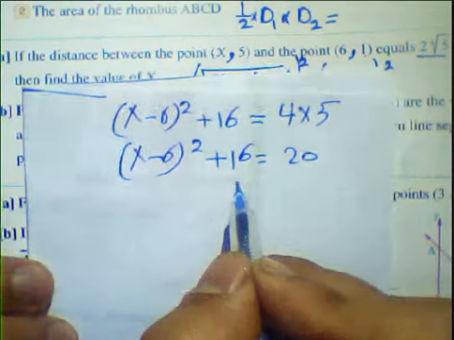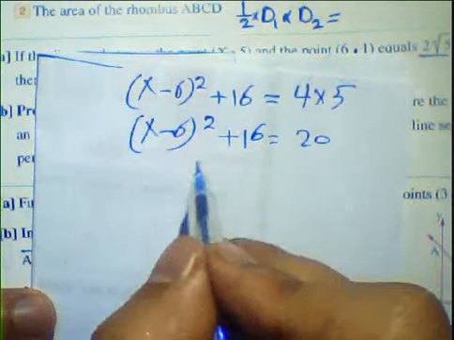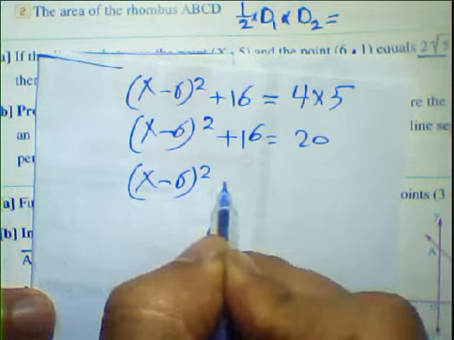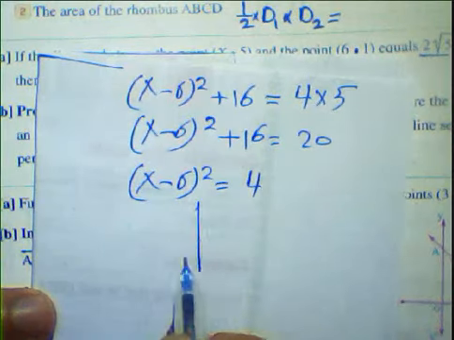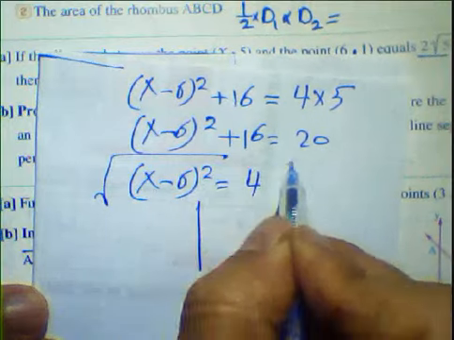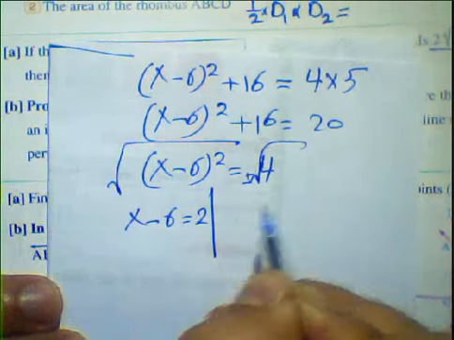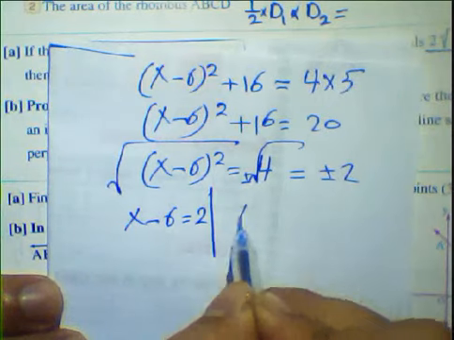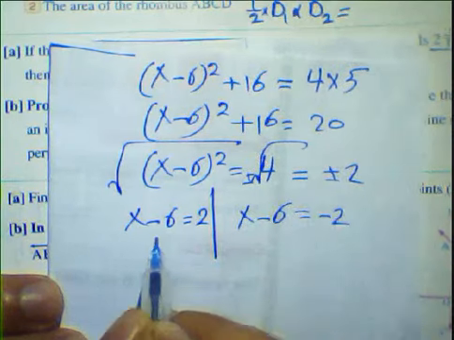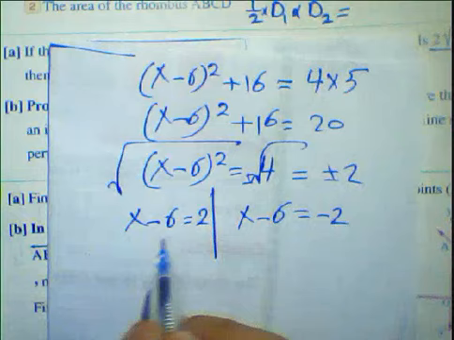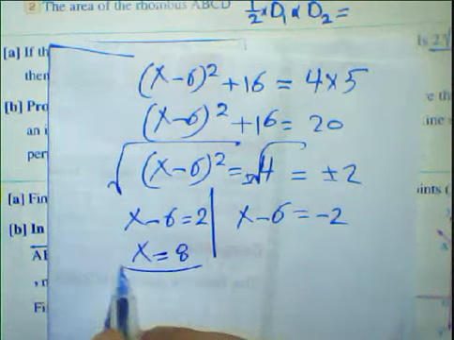We can move 16 from the left-hand side to the right-hand side and change the sign. (x minus 6) power 2 equals 4. Then we can take the square root, positive or negative. So x minus 6 equals 2, or x minus 6 equals negative 2. We move negative 6 to the right-hand side, then x equals 8.